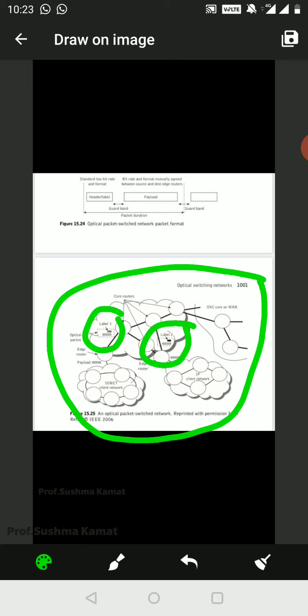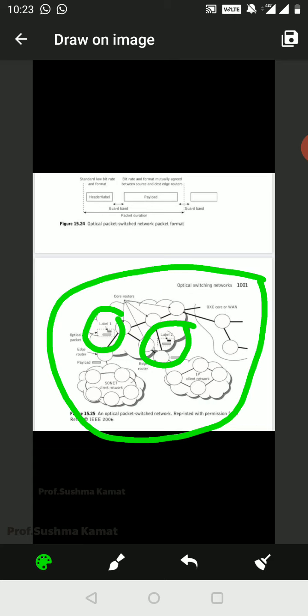Whenever there is attaching or detaching of a label, it is done with the help of edge routers. Within the OPS network, however, the core router only processes the label, where the content of the payload still remains the same. So the only alteration done is of the label but not of the data.